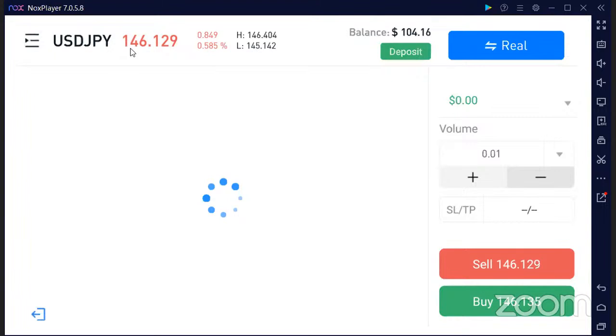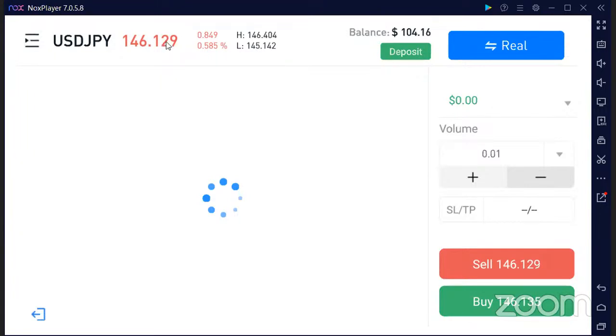Have it at the back of your mind that anywhere you see any currency pair associated with JPY, the pip is the second digit after the decimal point.